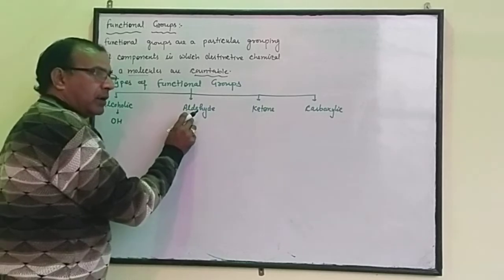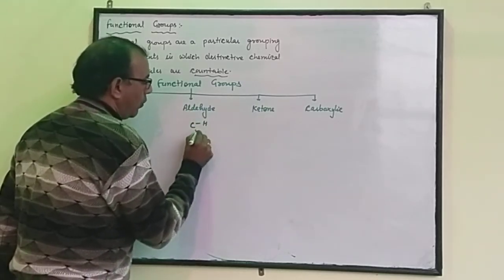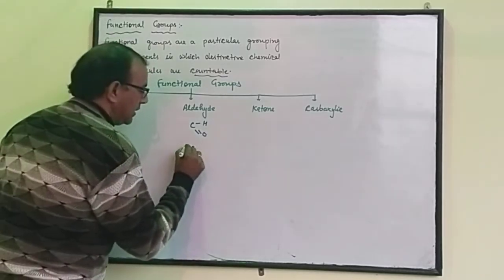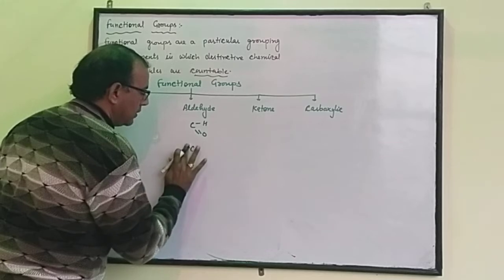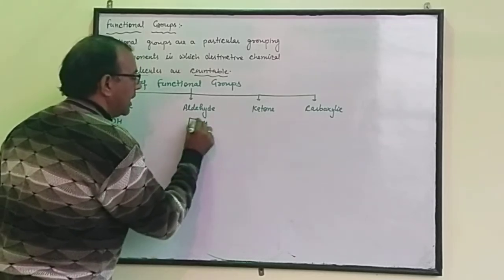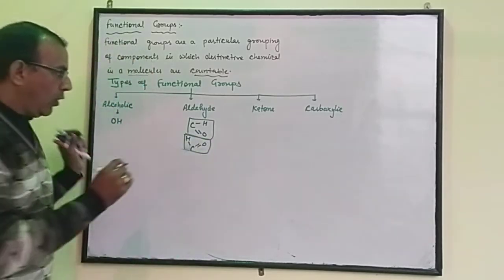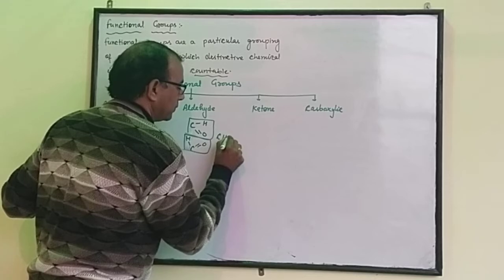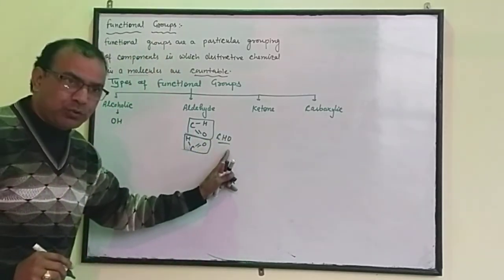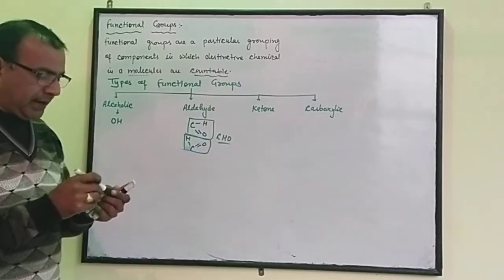And the hydrocarbon compounds in which CHO is attached at the last, you can see CH and OH in the same line. We can write it this way or this way, or you can see CHO. The hydrocarbon compound in which CHO is contained, that functional group is aldehyde.